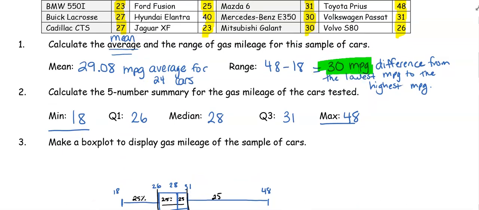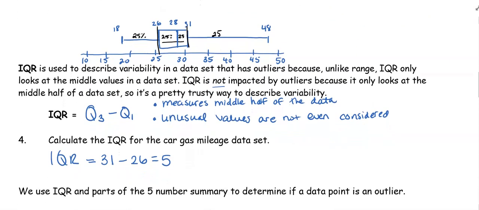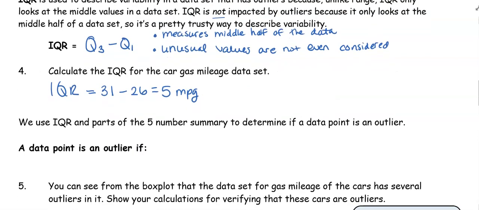So from the highest to the lowest, they're separated by 30 miles per gallon. But if you look at the difference between the middle half, they're only ranging by 5 miles per gallon. So 50% of your data set is only 5 miles per gallon off of each other.